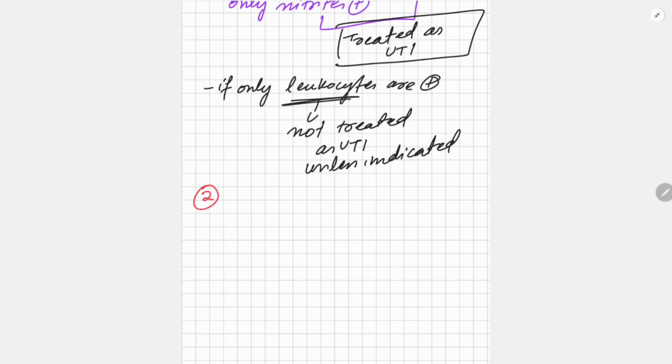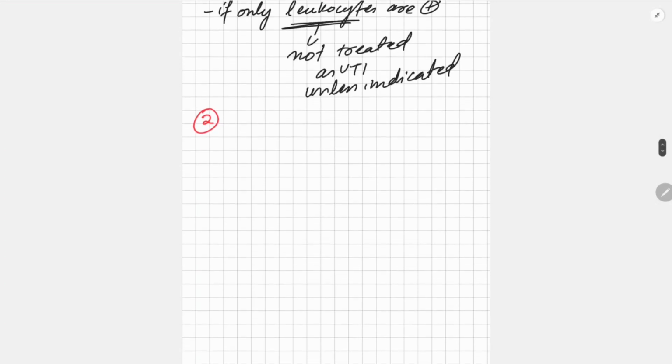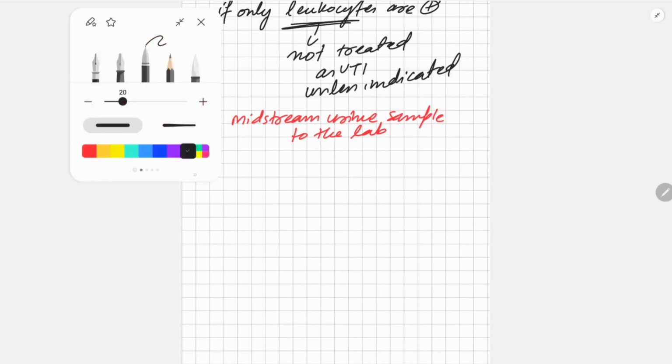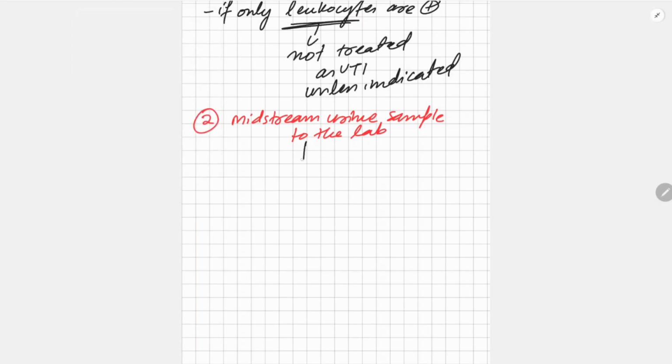The second investigation which we can do is that we can send a midstream urine sample to the lab. The midstream urine sample is sent for microscopy, culture and sensitivity.